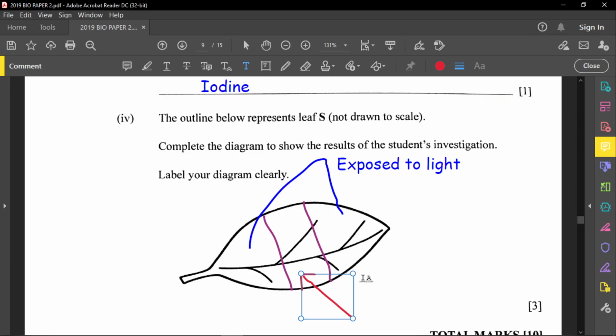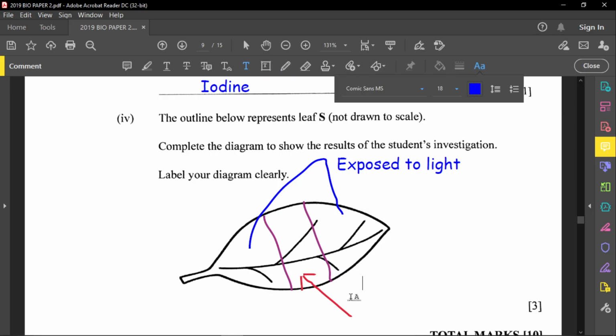So this part represents the covered part, and since it's covered, no light was penetrating that area. Now, what are we supposed to expect? Because they're looking for the result of the student investigation. What is the result? These two parts were exposed. This part was covered. No light was penetrating the leaf at that point, right?